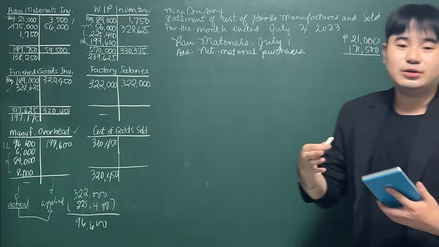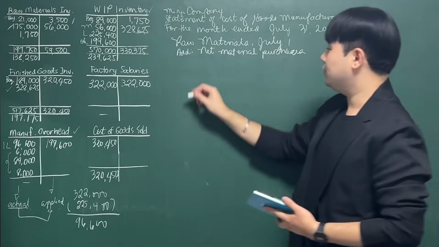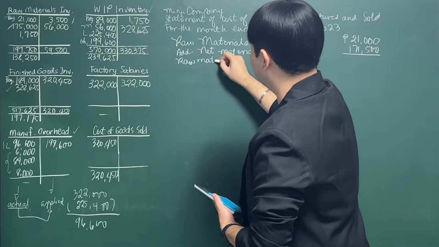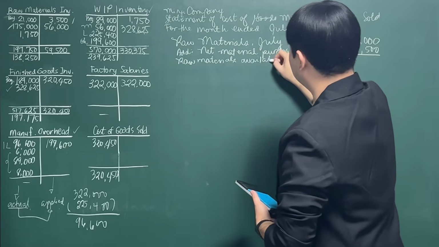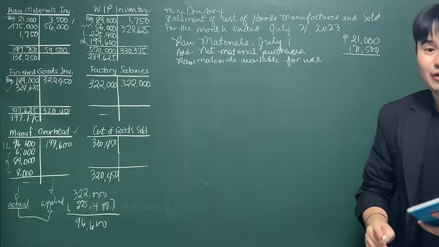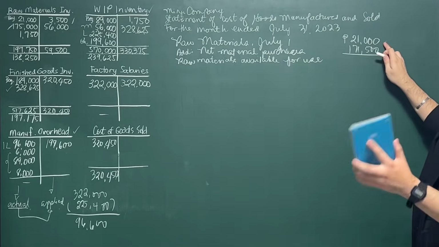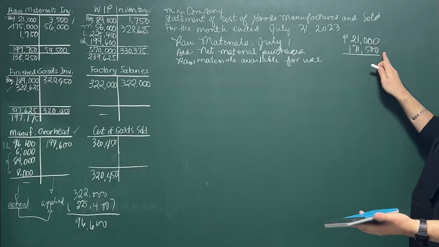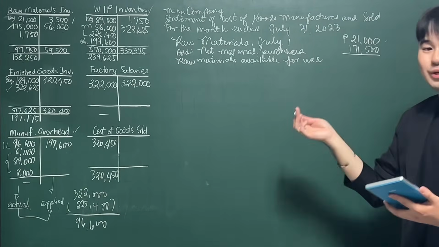Get the total of the two of these amounts, and you will get raw materials available for use, because these are the materials that you have at the beginning of the period, and you have also purchased 171,500. So this means that these are all the materials that you can use during this period.